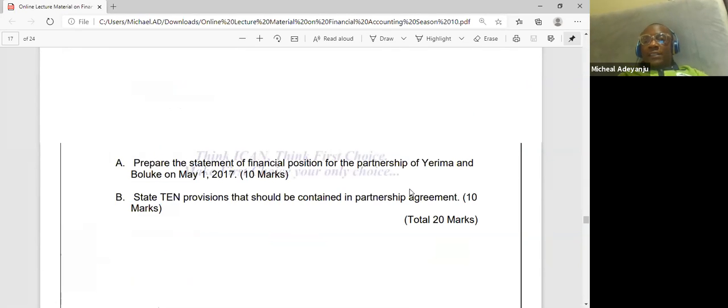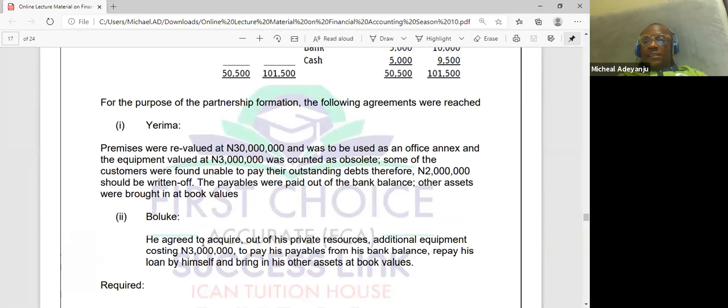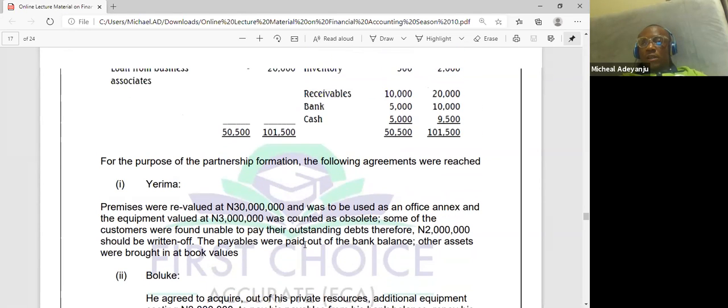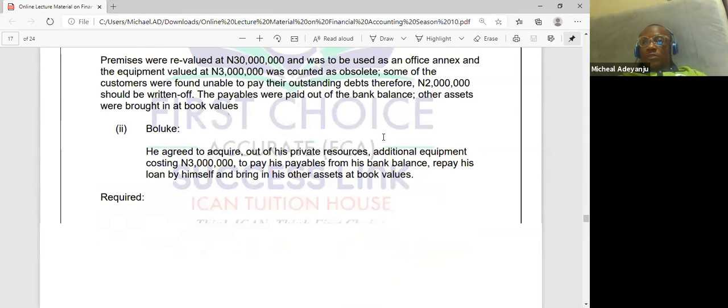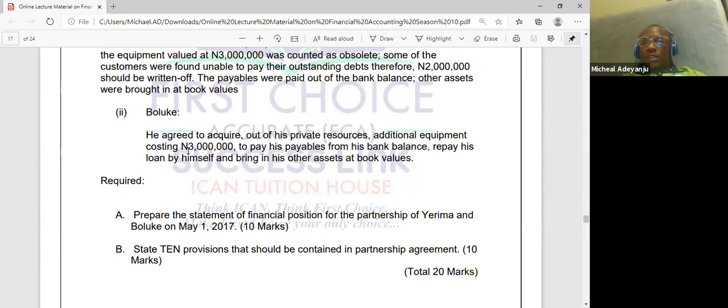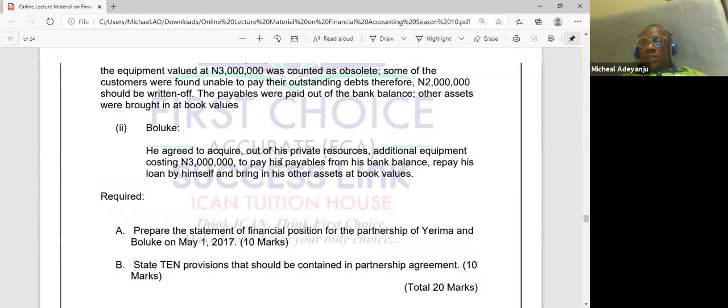Buluke's own is that he agreed to acquire, out of his private resources, additional equipment costing 3 million naira.